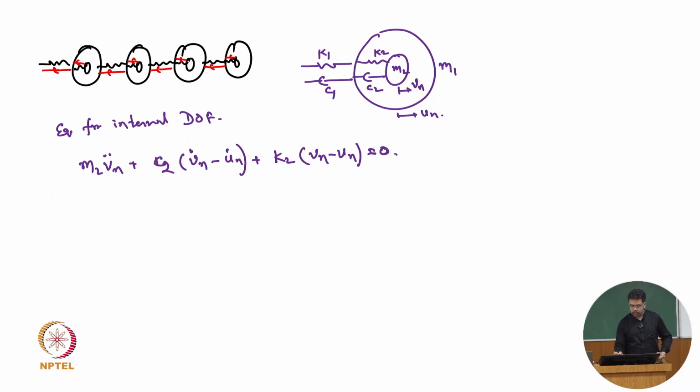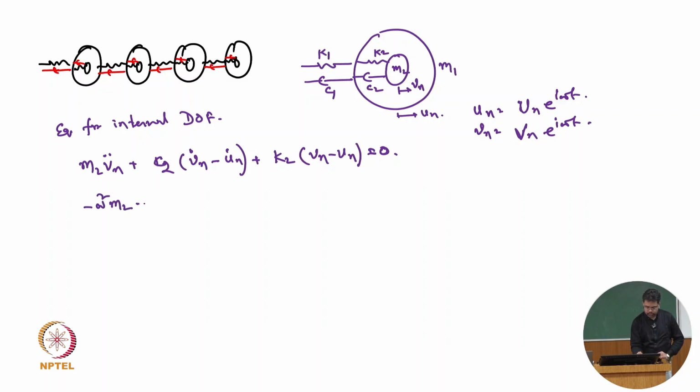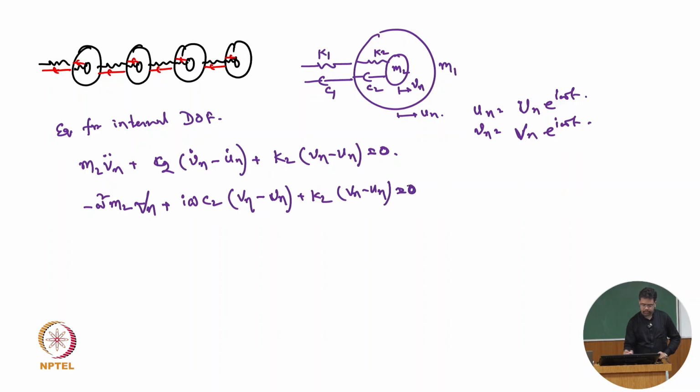Okay, so now if I am substituting Un equal to capital Un e to the power of i omega t and Vn equal to capital Vn e to the power of i omega t, then what can I write? Minus omega square m2 Vn plus i omega c2 into Vn minus Un plus k2 into Vn minus Un, that should be equal to 0.